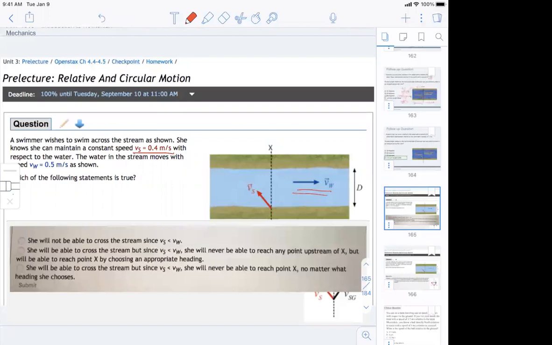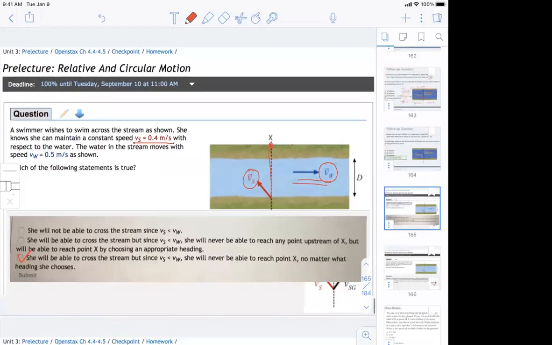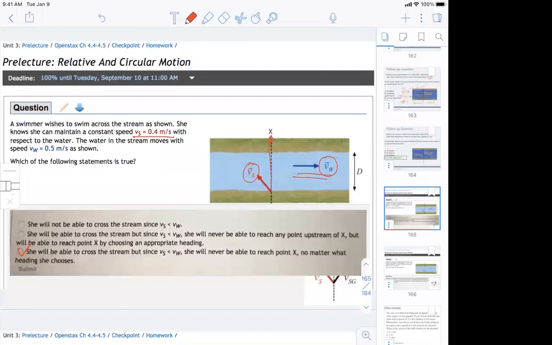She will be able to cross the stream, sure, but since this velocity is smaller than the flow of the water, she can never go directly across. She will be washed downstream to some place on the right hand side of X. So it's this answer. Not upstream, but downstream.